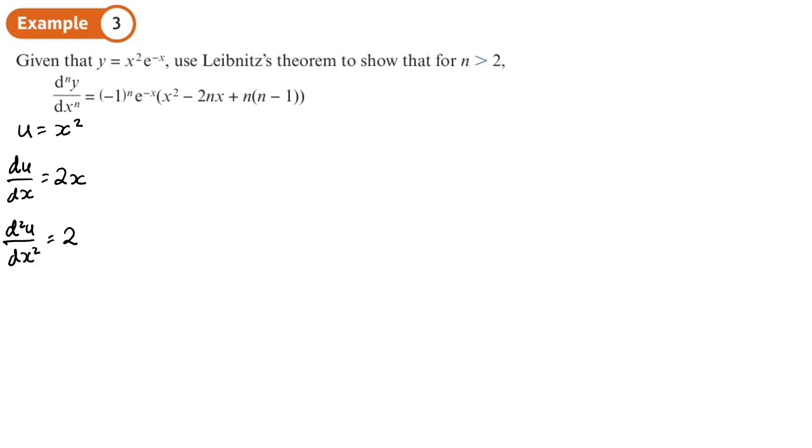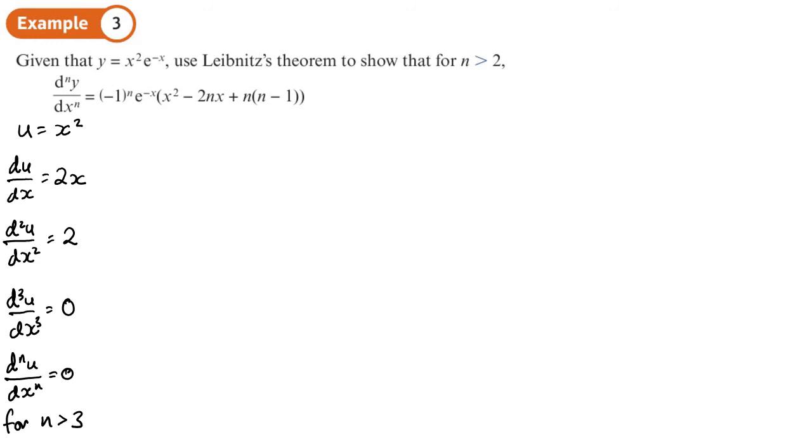Now what happens for the third derivative and higher, we'll get 0. Okay, so basically d^n u over dx to the n is going to be 0 for n greater than 3. So there are not going to be any terms after that.